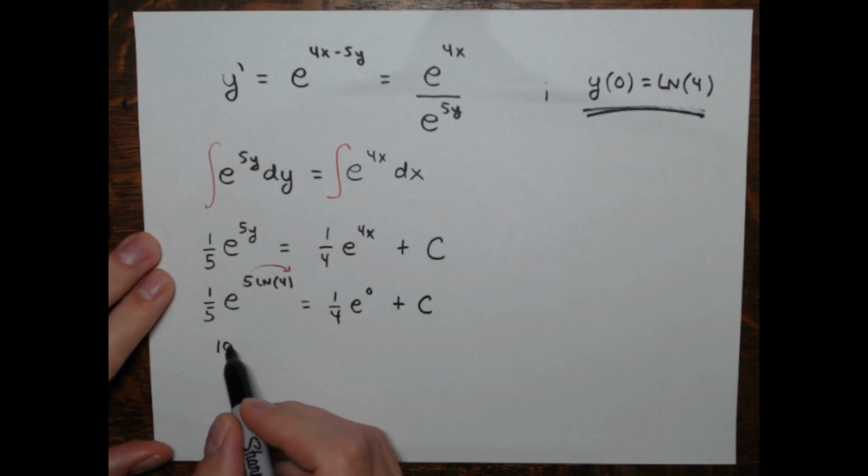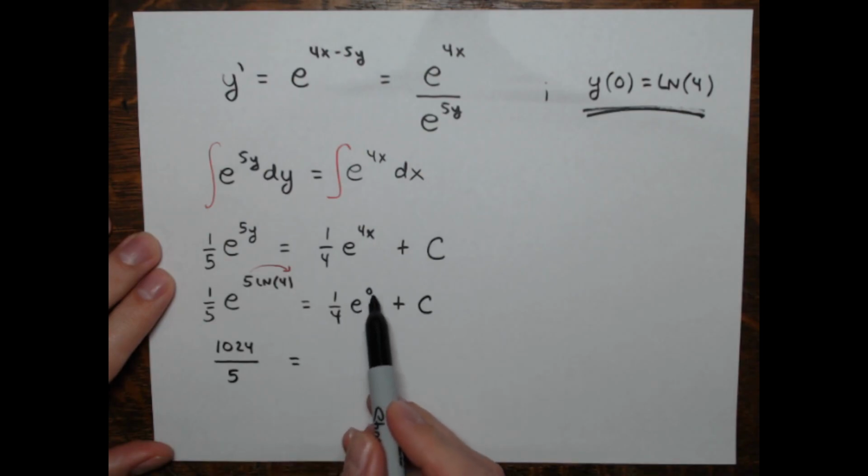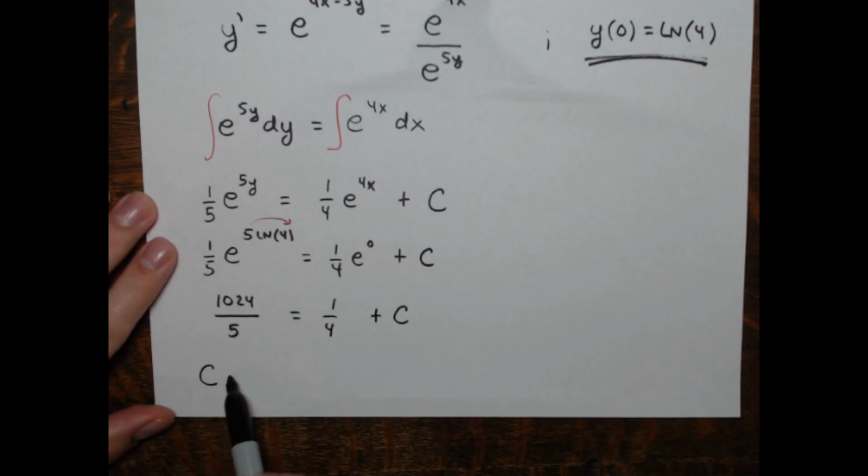So this side is 1024 over 5, equals a fourth times 1. E to the 0 is 1, so equals 1/4 plus c. So c is 1024 fifths minus 1/4.